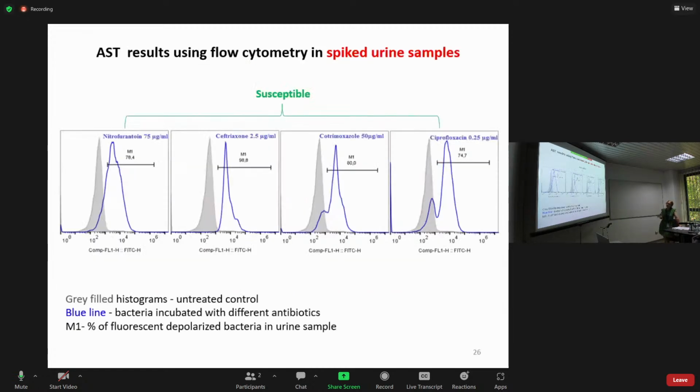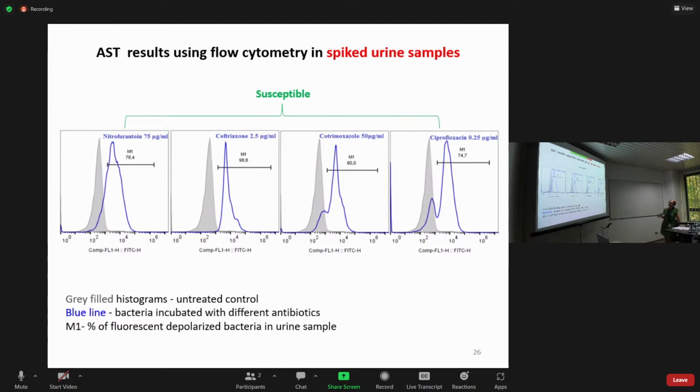And we could represent the results like this. So in a few hours, the gray filled histograms are the untreated control having certain fluorescence, and then with the blue line, the bacteria population incubated with different antibiotics.